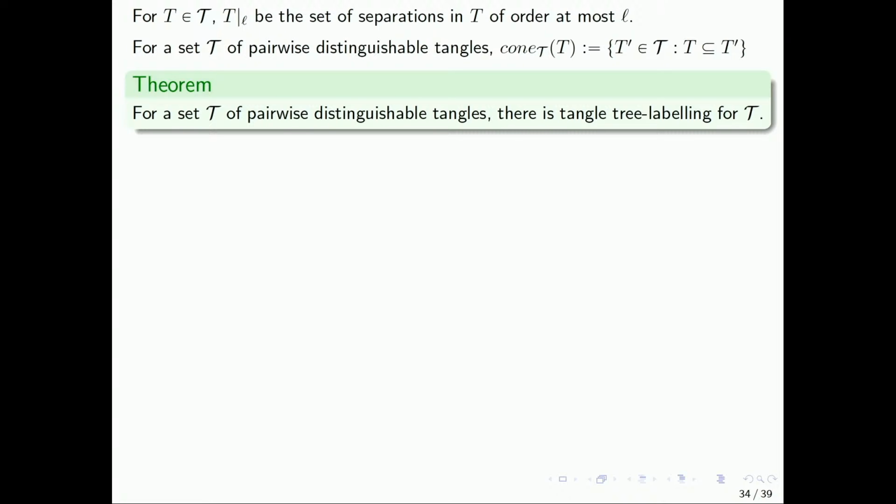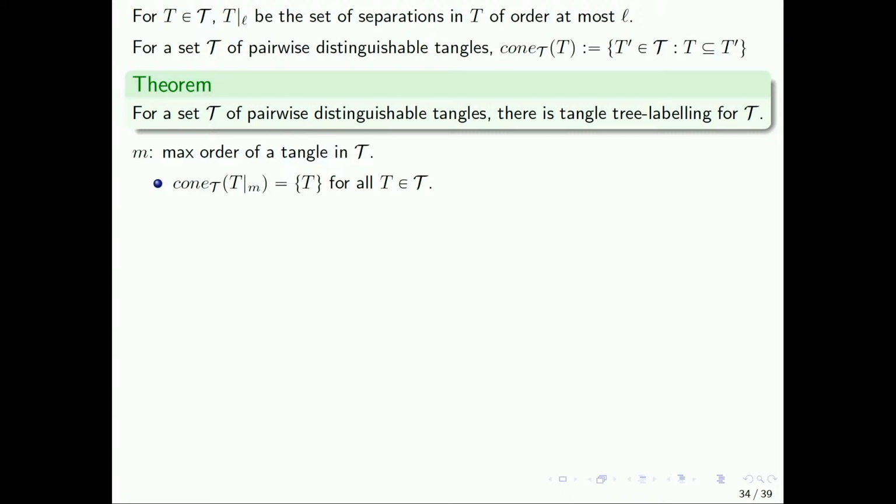I need 2 more notations. The T restriction L is that you just take all separations of order at most L. And then cone T is all the tangles containing this T, among the tangles in the capital T. So we need these 2 notions.